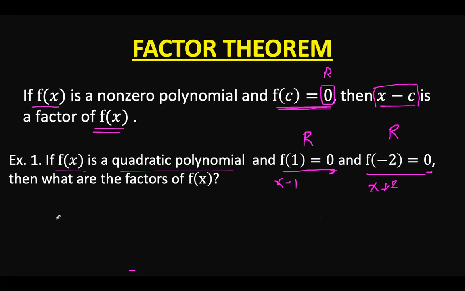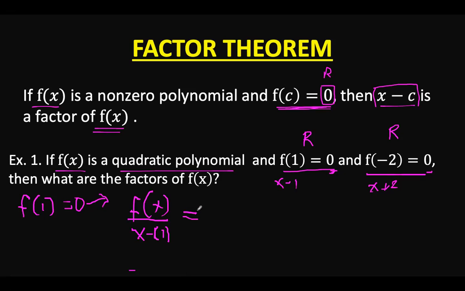Okay? So, which means that if we have f of 1 is equal to 0, ang gustong sabihin nito ay si f of x ay dinivide ng x minus 1. Okay?